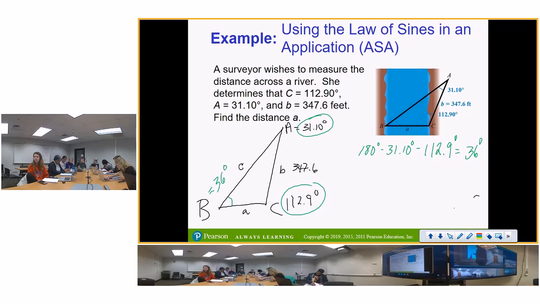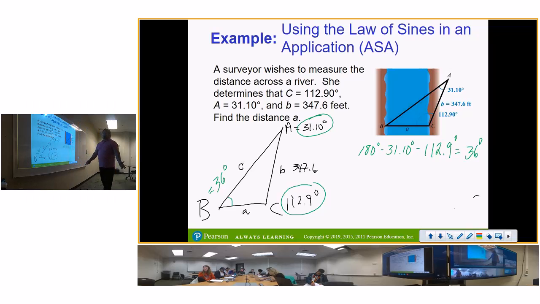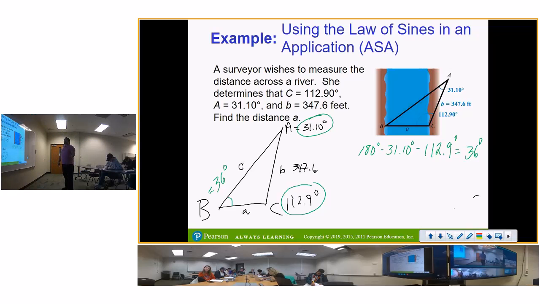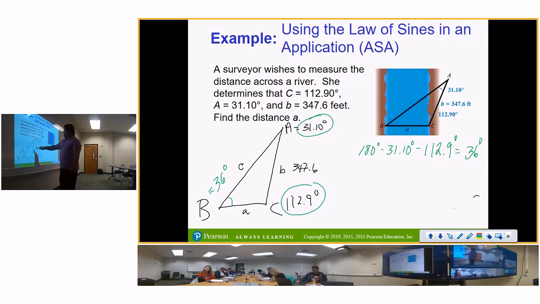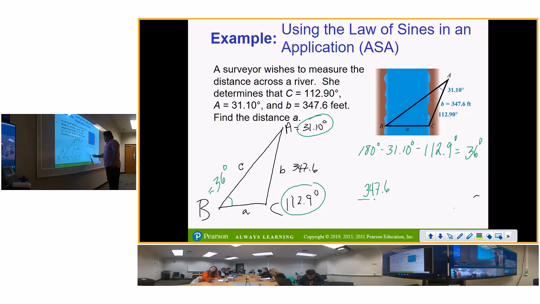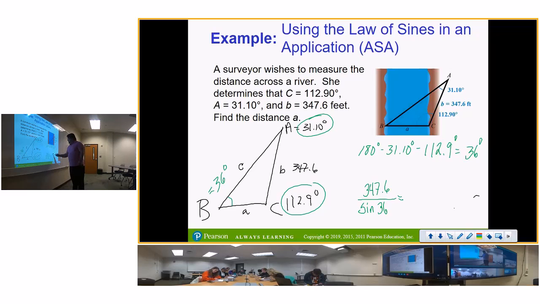Now that you have all three angles, it doesn't matter which one you use as long as you include angle B. Side B. Because that's the only side that you're given. So now that I've got this angle, I can say 347.6 over sine of 36 is equal to x over, and somebody pick an angle.